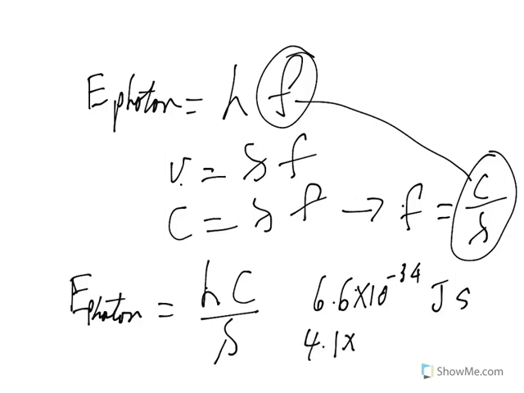The other version is 4.1 by 10 to the minus 15 electron volt seconds. If you want the energy in, or are given it in electron volts, then that's the one you use. As it says in your notes, an electron volt is the amount of energy an electron gains moving through a potential of 1 volt. So it's only a very small part of a joule.